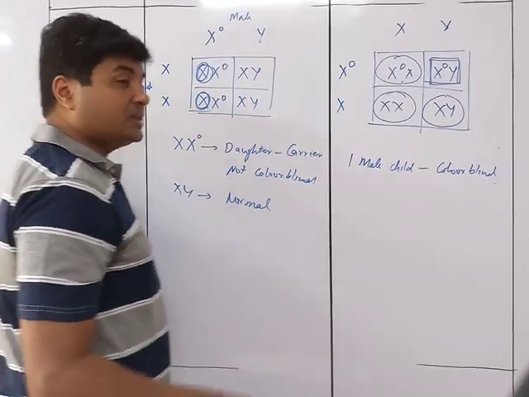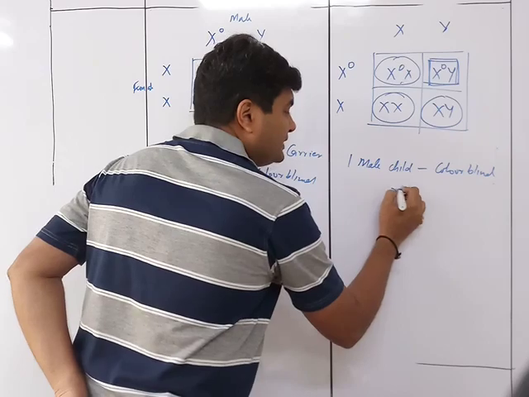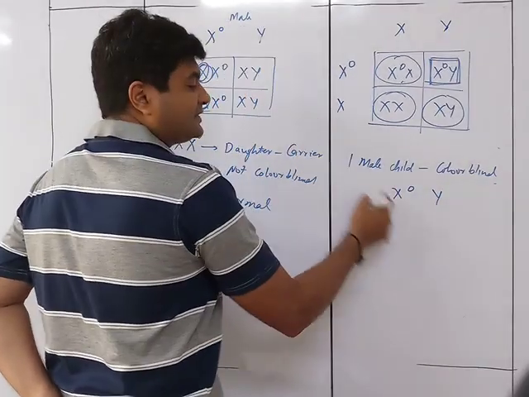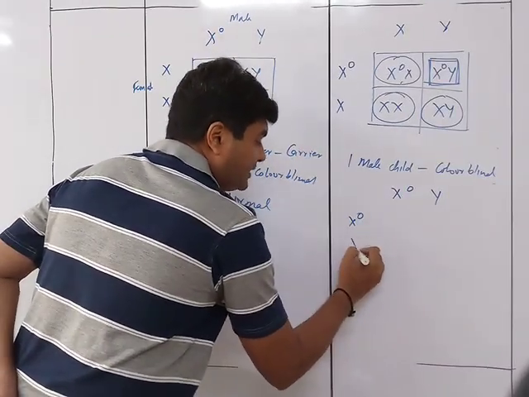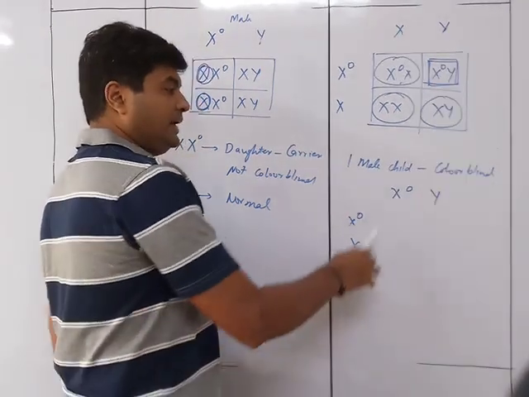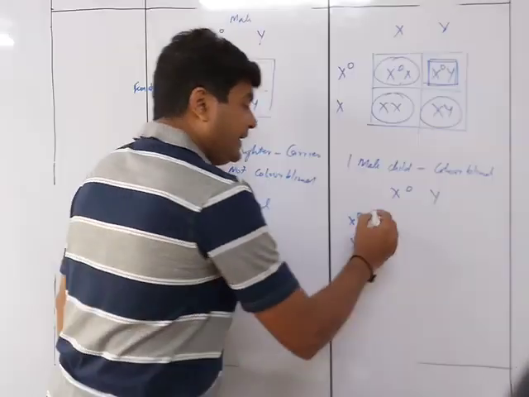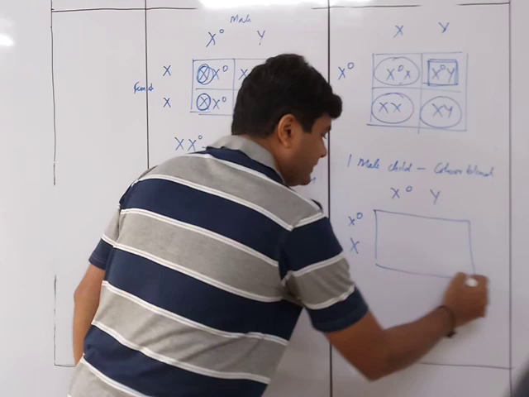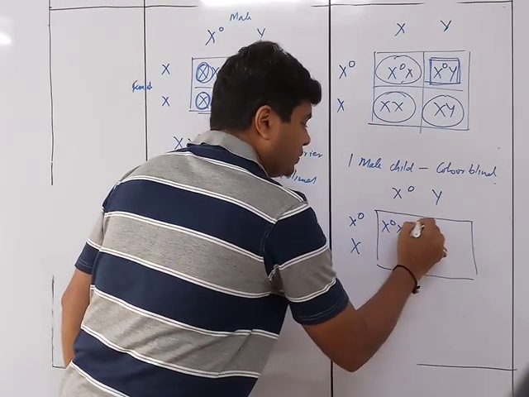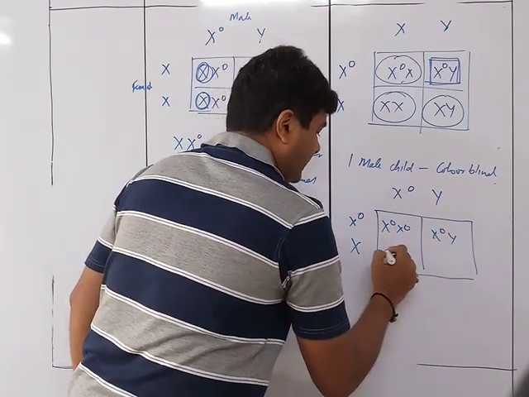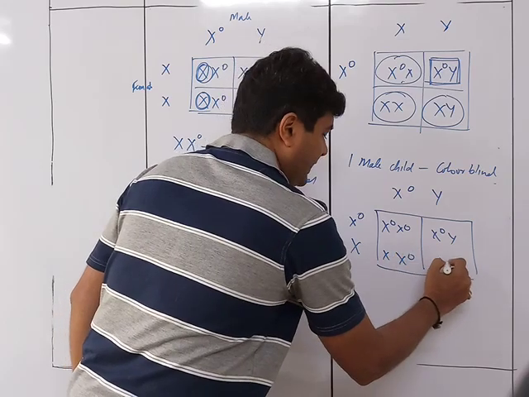So let's consider the third option, that is the father is colorblind and the mother is a carrier. If both these things are present, in such a case it would happen that XcXc, XcY, XcX and XY.